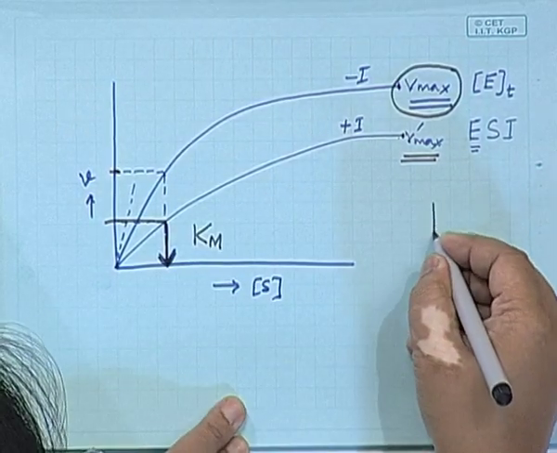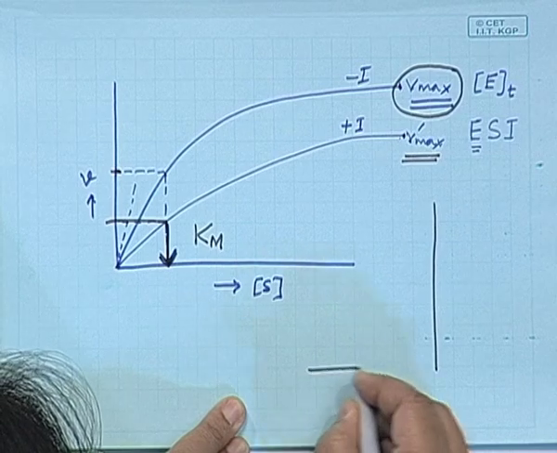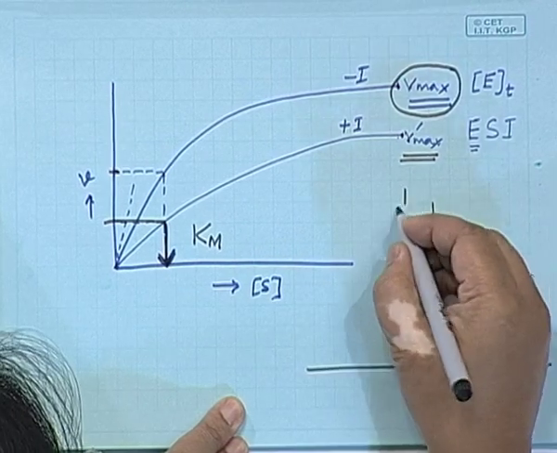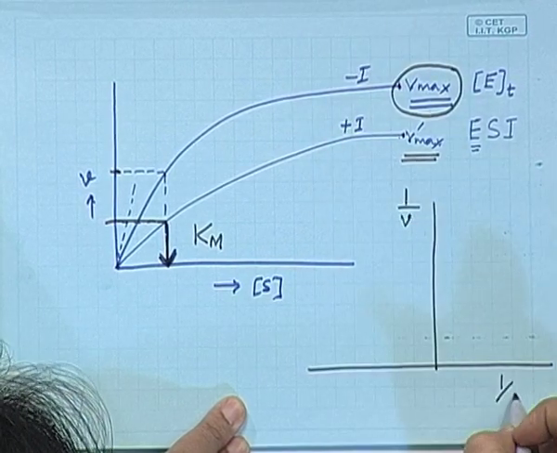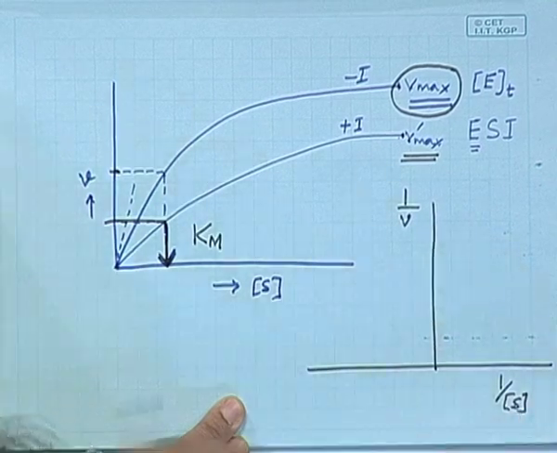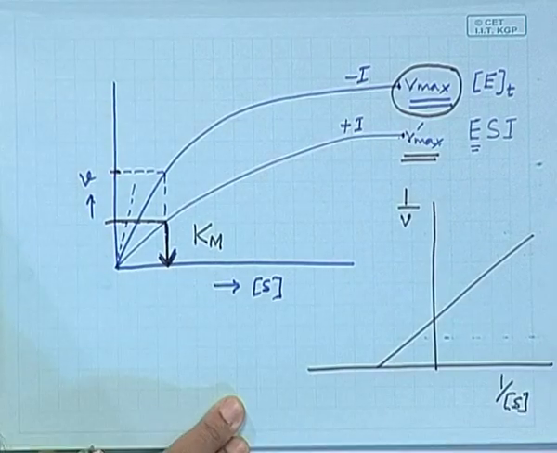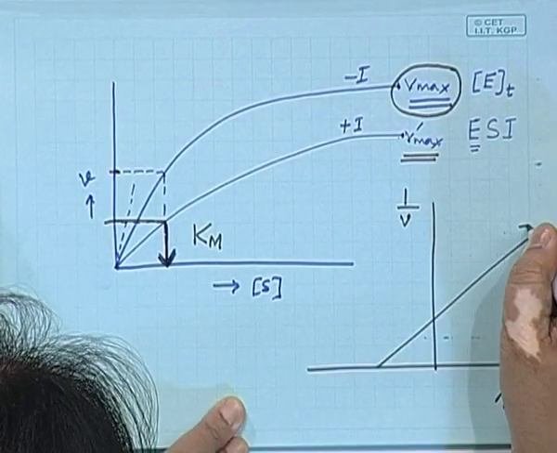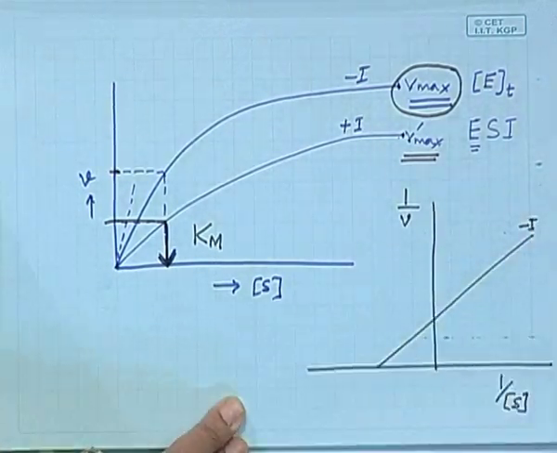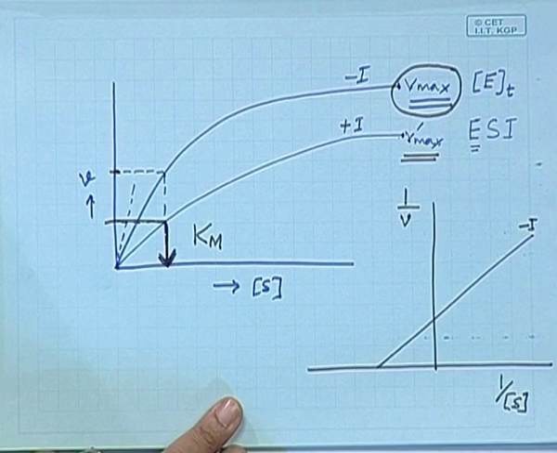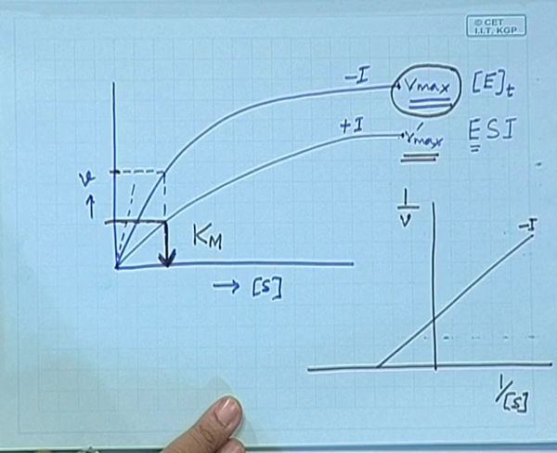Now if I look at the Lineweaver-Burk plot, what am I going to have? I have an uninhibited enzyme, minus I. I have now an inhibitor added with the same Km.